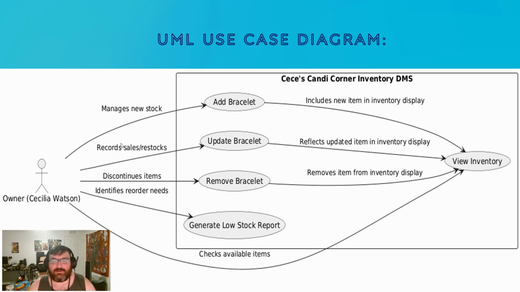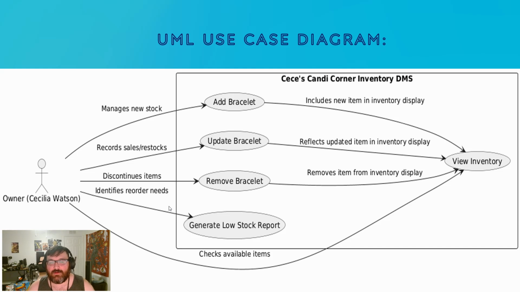When CC records a sale, or maybe she restocks something, it affects the update bracelet, and then those updates are reflected in the inventory display. Let's say we discontinue an item, you remove it, and it removes it from the inventory. And then let's say she's looking up a particular order because somebody says, hey, I ordered X amount of bracelets, but only got so many.